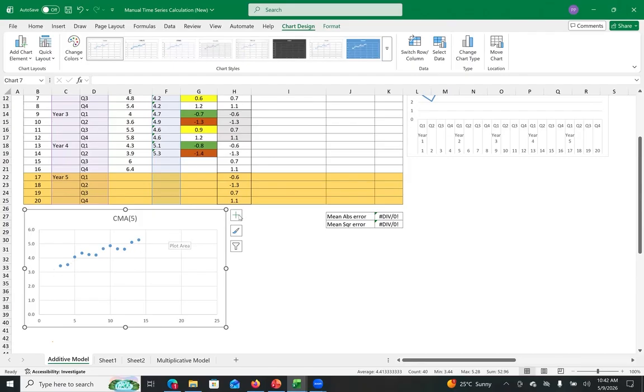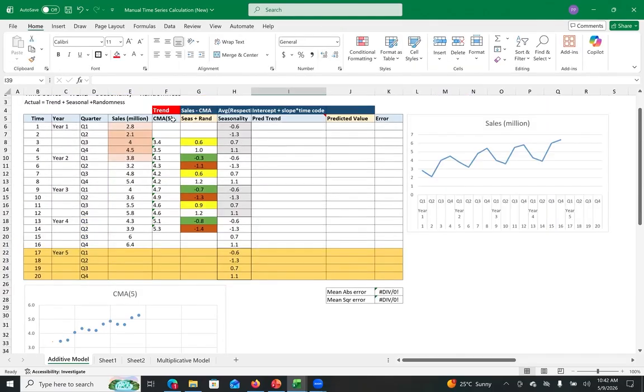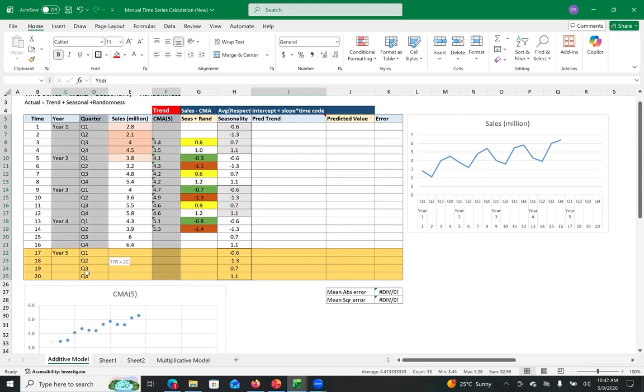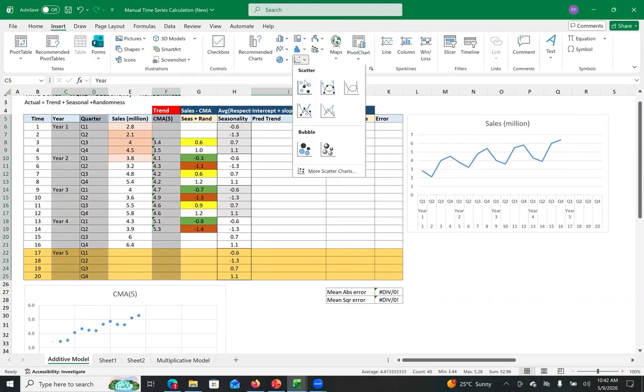Okay. Now what I will do is, first create this chart. How I have created it is, I selected this data and now press control and select this data as well. Go to insert and just create a scatter plot.